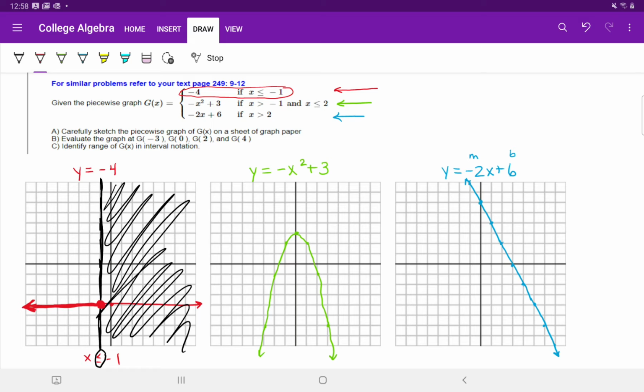So moving on to the green grid, the second piece of our piecewise function, the domain of this part is for x between, I don't like the way they wrote this, I prefer to write them like this, x between -1 and +2, where -1 is not included, but +2 is included.